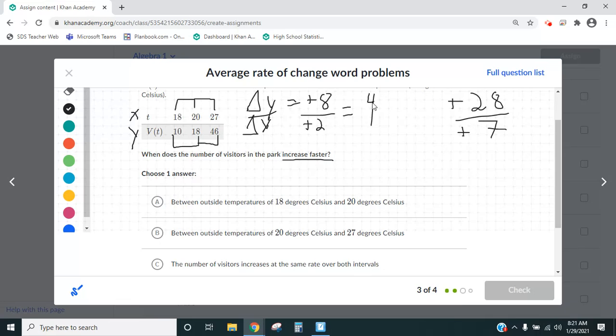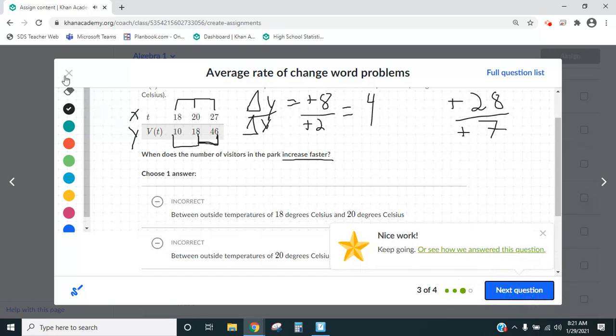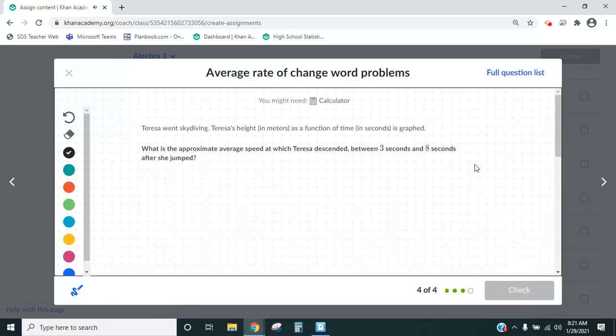It's 4. Oh my gosh, guess what? They increased at the same rate. Okay, when you first look at this table, you think, oh, this is a much bigger jump. It has to be between 20 and 27, right? It kind of messes with your brain a little bit. But they're actually the same rate. Weird.